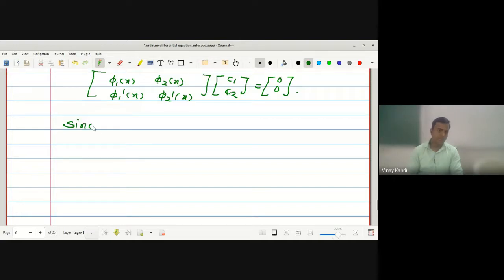Since C1 and C2 are both not 0, the system has a non-trivial solution. Either C1 or C2, one of them is not 0. It means that this system of equations possesses a non-trivial solution. Understood up to here? Yes, sir.